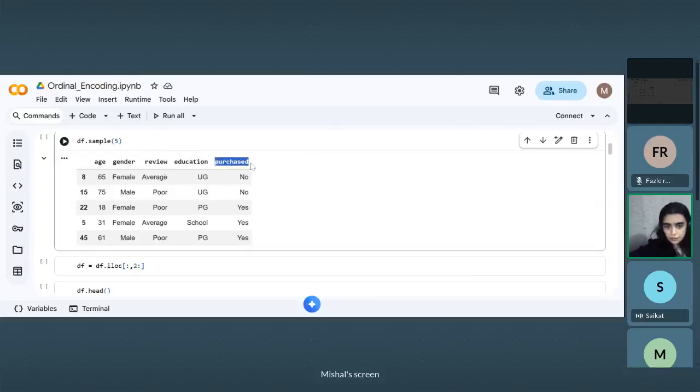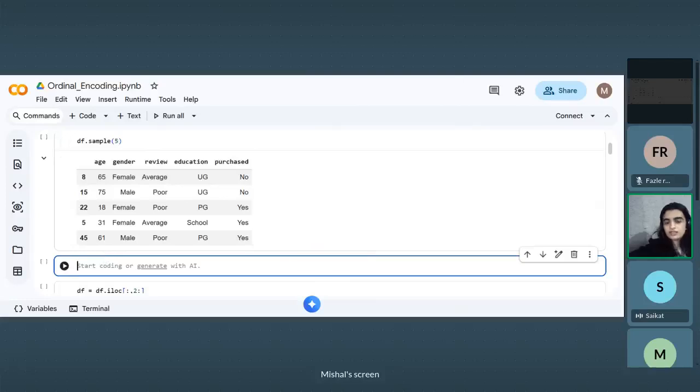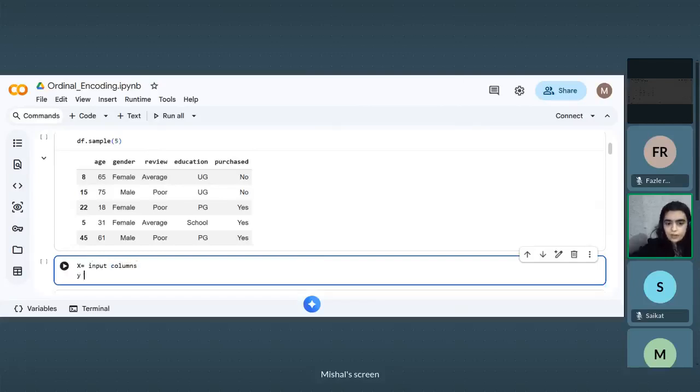So when we are going to split our data set into train and test, first we need to see which one is the output column and which ones are the input columns. In X, we will keep all our input columns. In Y, we will keep our target column or the output column.